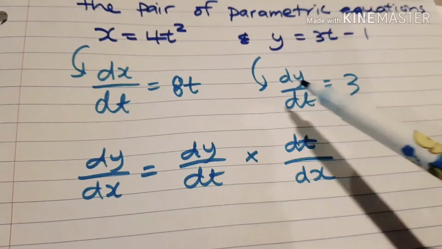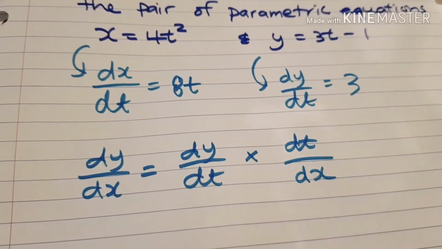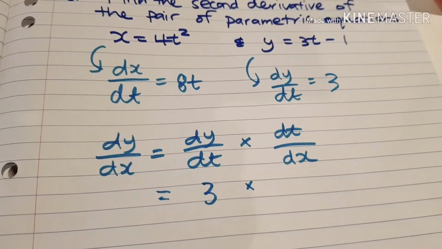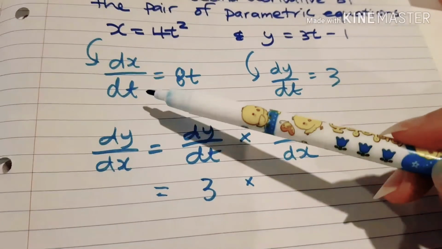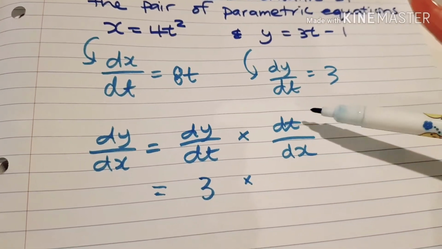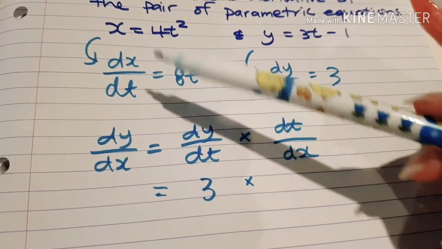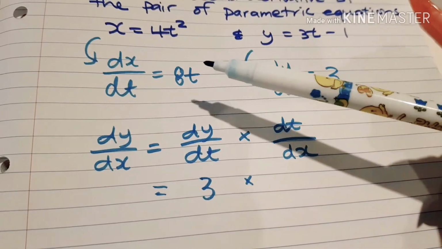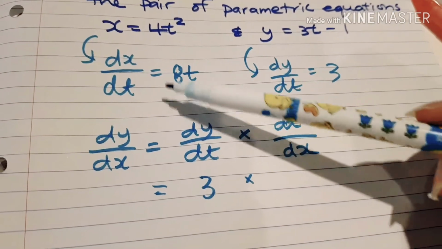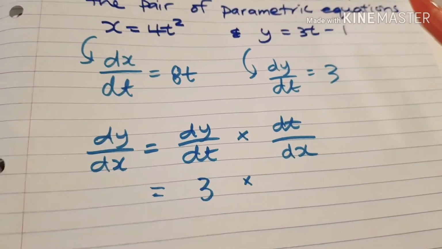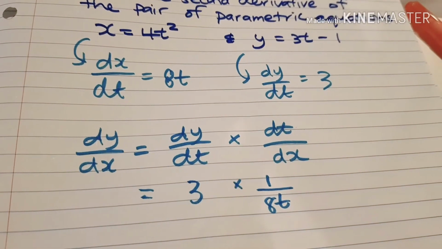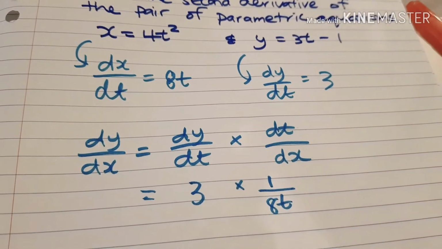So dy over dt I already calculated, which is 3. Okay, whereas this is dt over dx, and I have dx over dt. What is it? I need to flip it. Yeah, so this is 8t over 1, so if I flip it, it's going to be 1 over 8t. You see that?